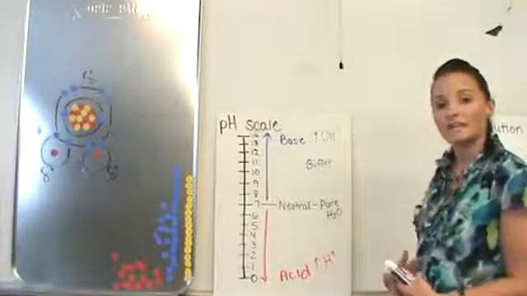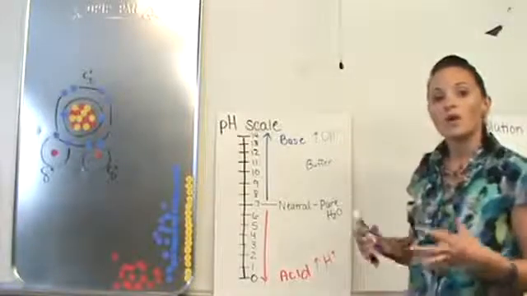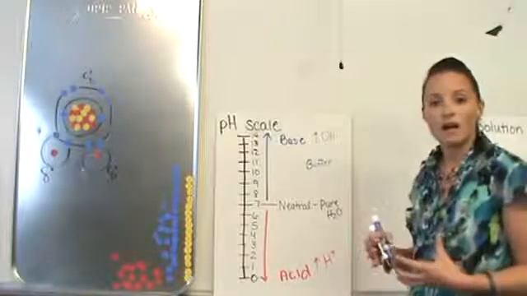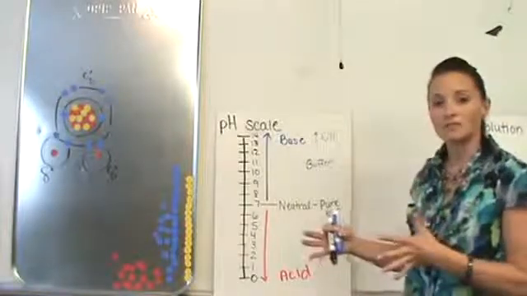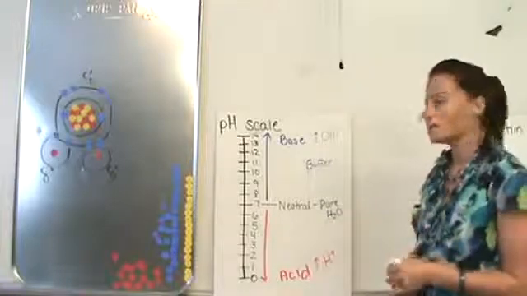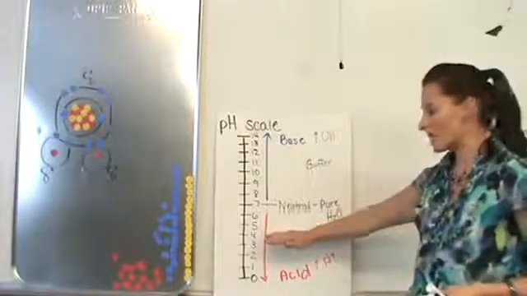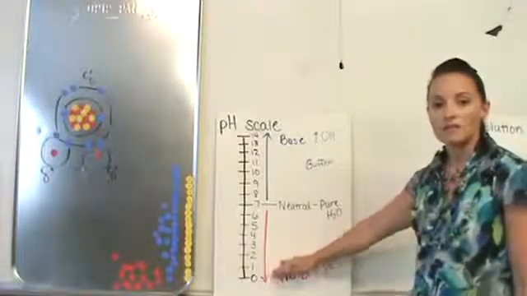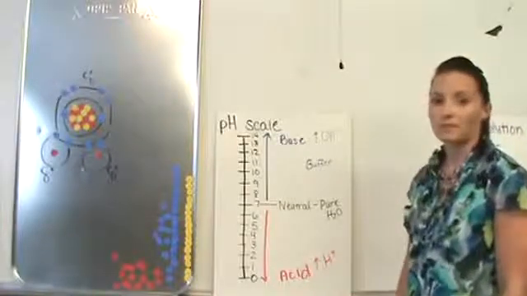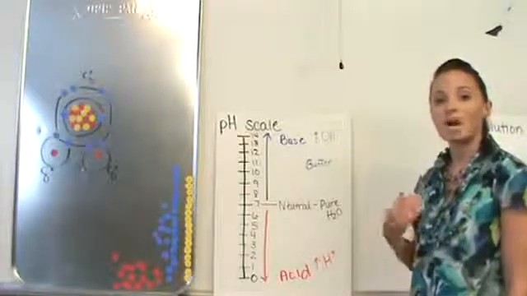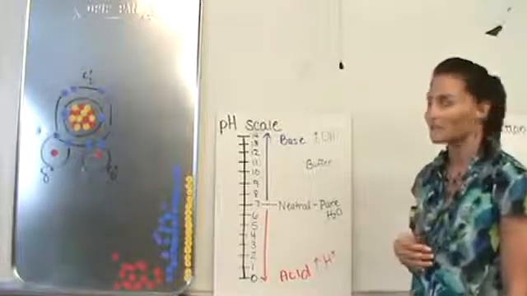So we maintain levels of pH within our body without having to go drastically into a really far pH if we have something added to our bloodstream. So buffers help maintain homeostasis within organisms.